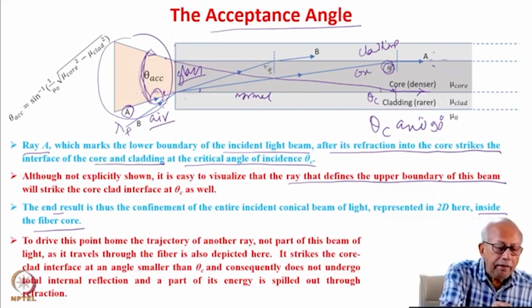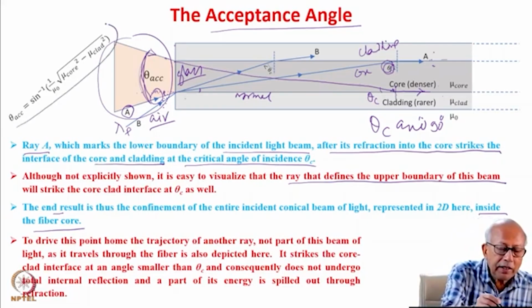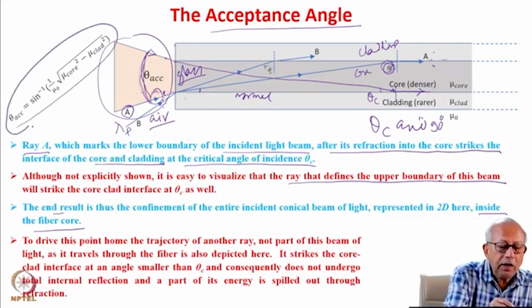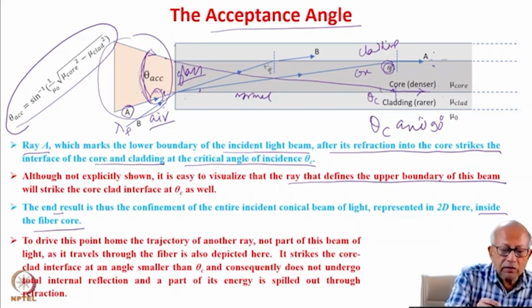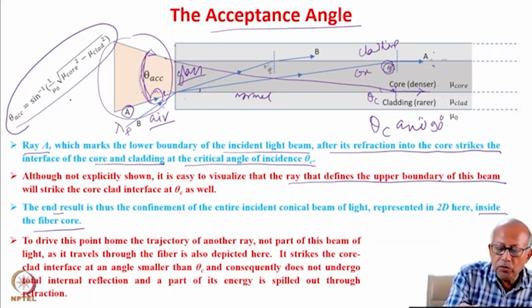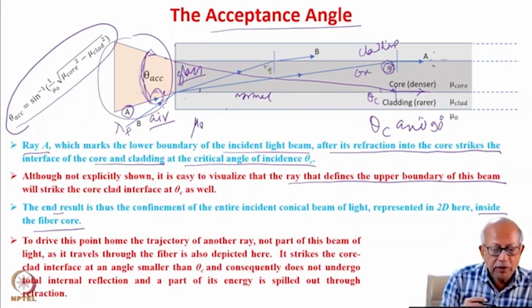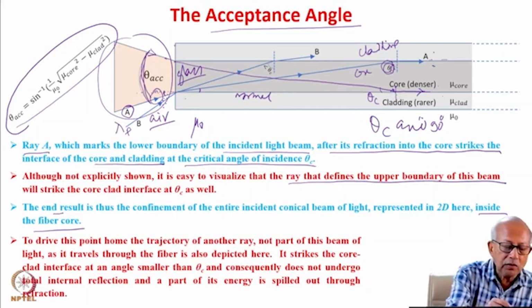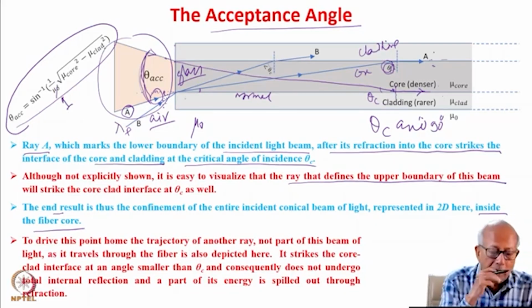This angle mathematically can be expressed as this: theta acceptance angle equals sine inverse of 1 by mu 0 times square root of mu core squared minus mu clad squared. Mu 0 is the refractive index of the surrounding medium, which essentially is air, therefore it can be taken as 1.